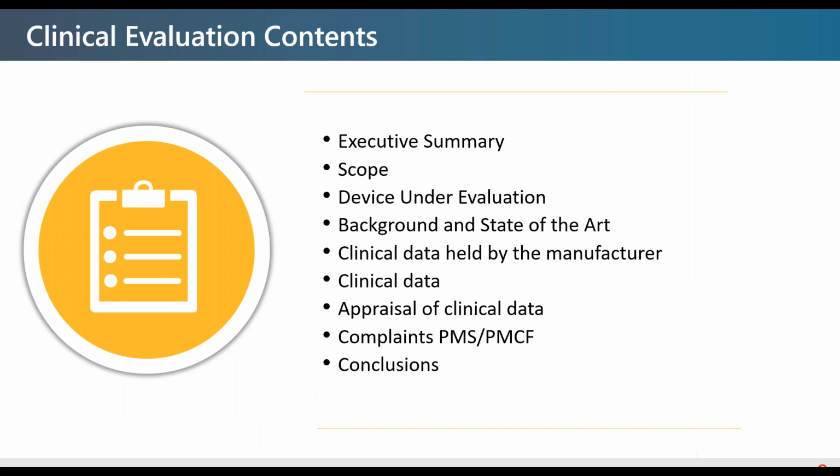I know this seems mundane, but any manufacturer I go to seems to have a different template for their CER, and sometimes that's missing components of the CER, which can lead to non-compliance. This CER, you have to remember, is like a puzzle, and each section is a piece of that puzzle, and they all have to fit together.